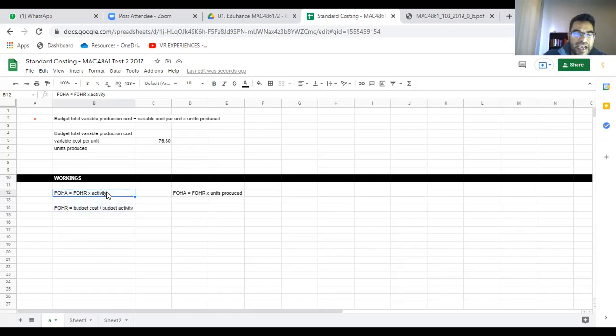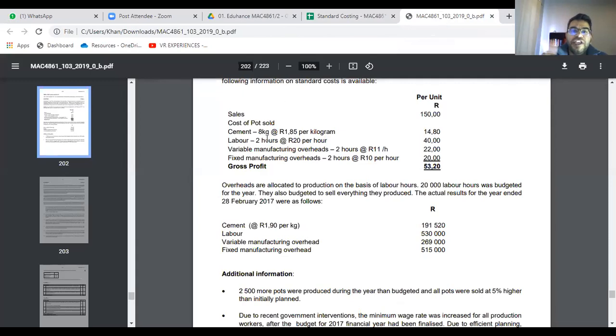Overheads applied refers to how much of the fixed overheads you're going to allocate to a product. So if you go back to the scenario, they told you that for each unit, they're allocating 20 Rand of fixed overheads.